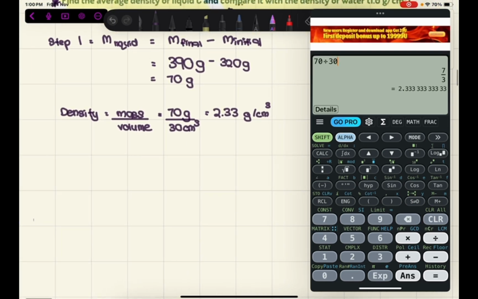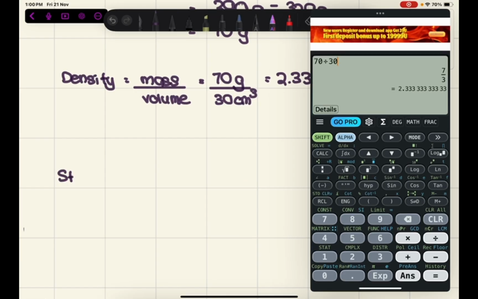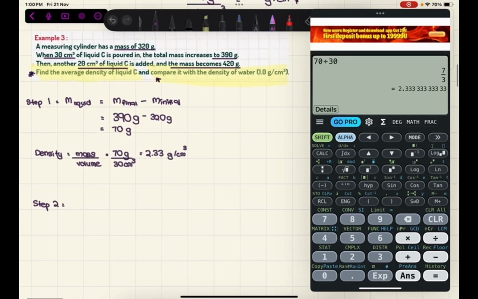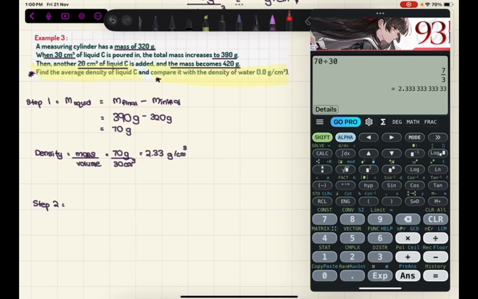So for the second step, name it as step 2. From the question we know that we add another 20 centimeter cube of liquid C. So the mass now becomes 420 gram.